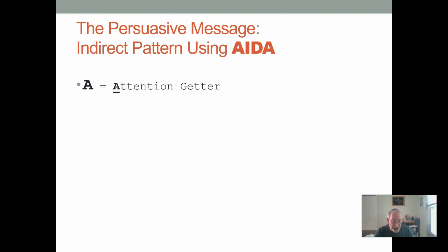Start by gaining attention. Consider using a startling fact or statistic. Ask a rhetorical question, or even combine the two. Did you know that 97% of all people... This will grab the reader's attention.